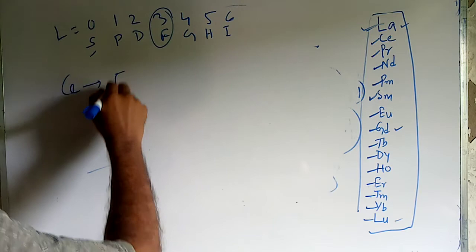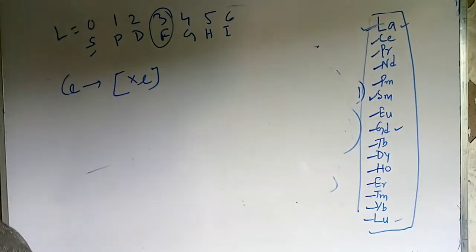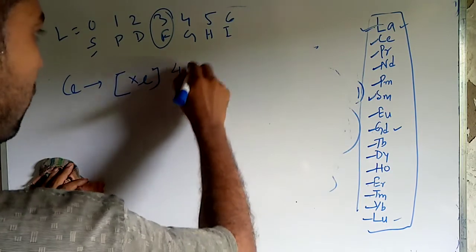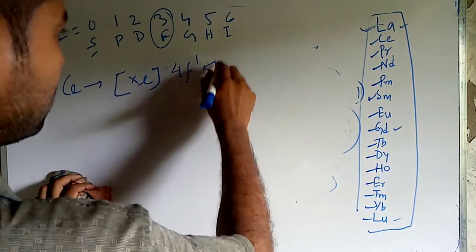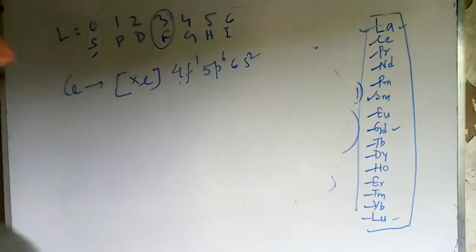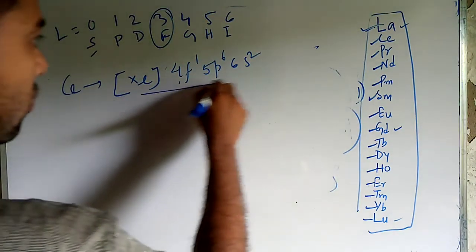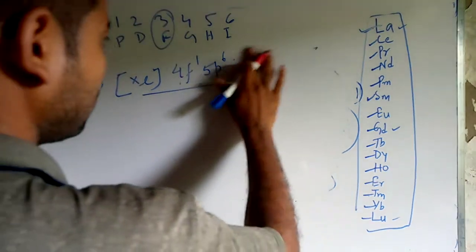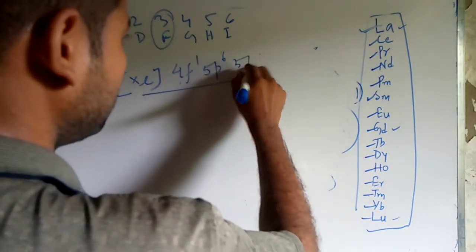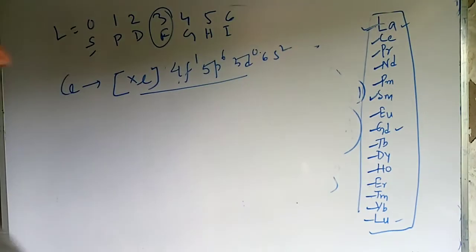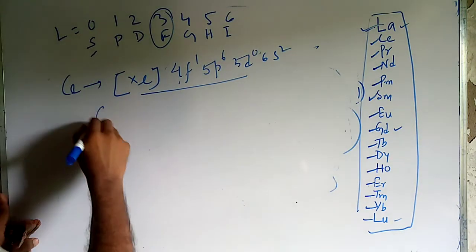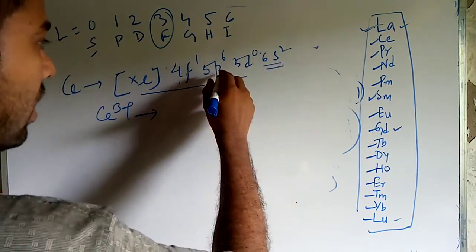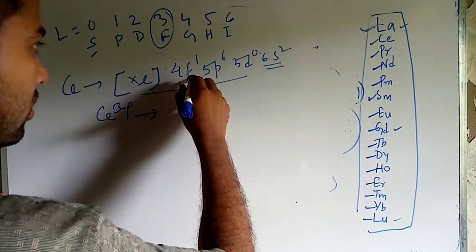This is the electronic configuration: xenon 4f1 5d1 6s2. For cerium 3 plus, this electron will be removed, and this electron, this electron also.